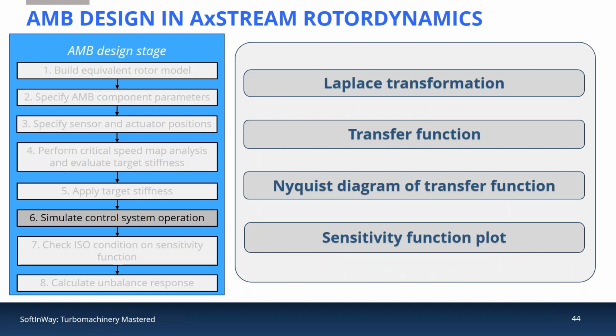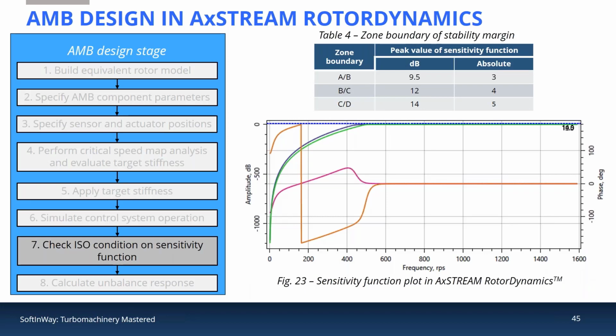Then Laplace transformation enables calculation of the complex frequency-dependent AMB transfer function, its representation in the form of a Nyquist diagram and sensitivity function plot for stability evaluation according to the ISO standard. As a result, extreme rotor dynamics provides users with additional plots to analyze the stability of the rotor motion in active magnetic bearings. Observing the sensitivity function plots allows users to define to which zone the rotor belongs according to ISO requirements.